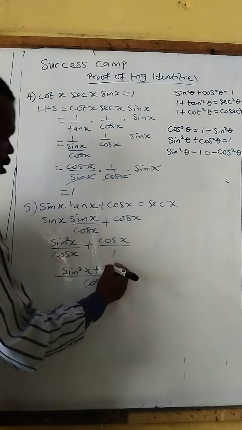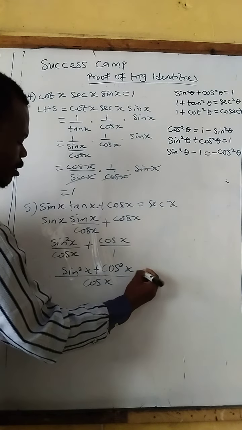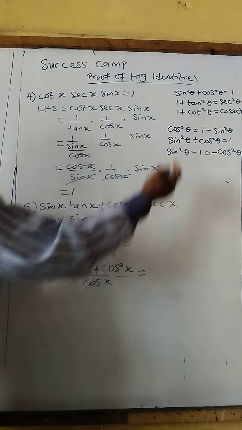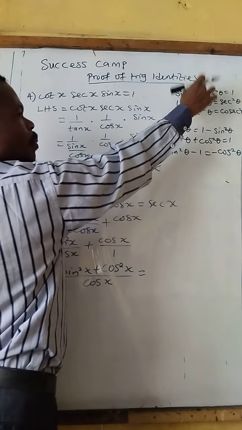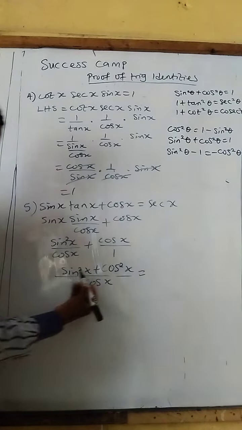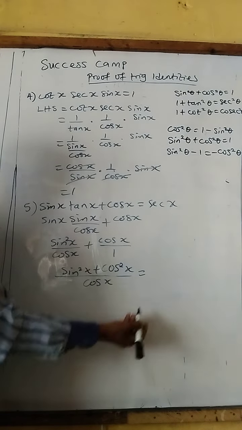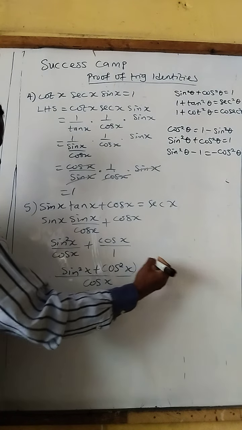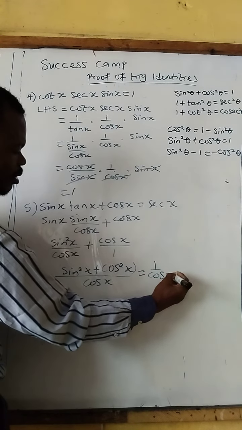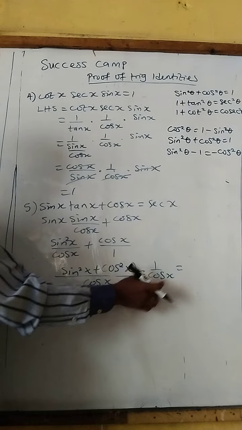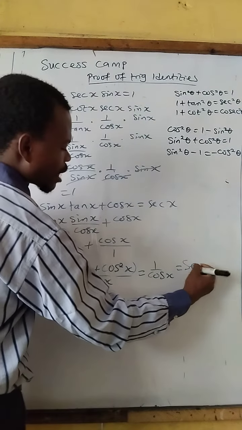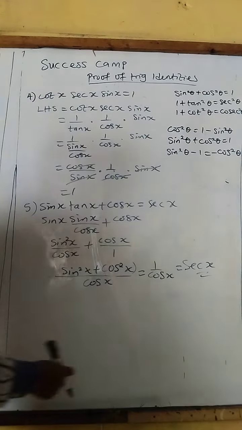Cos x times cos x, cos squared x. Don't forget that sin squared x plus cos squared x equals 1. So sin squared x plus cos squared x is what? 1. So the whole of this thing here is 1 over cos x. The inverse of cos x is what? Sec x. So that is sec x, and that is that. So we are through.